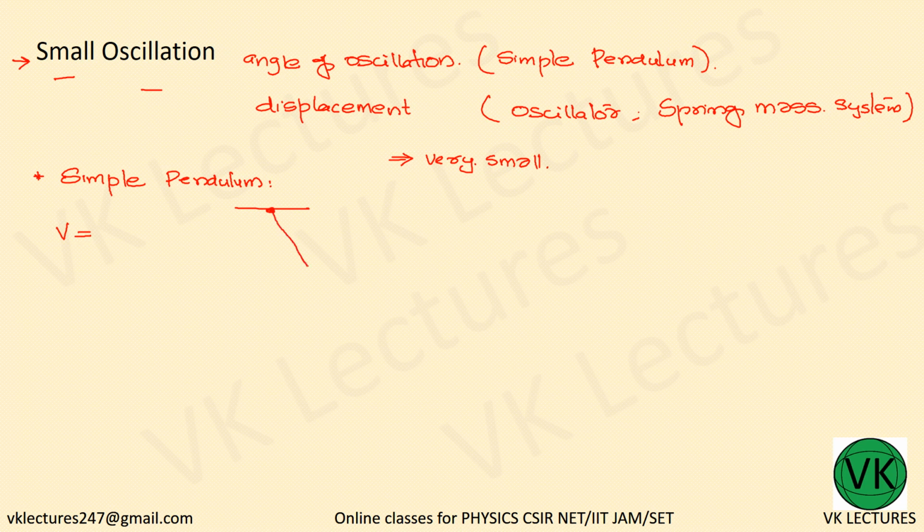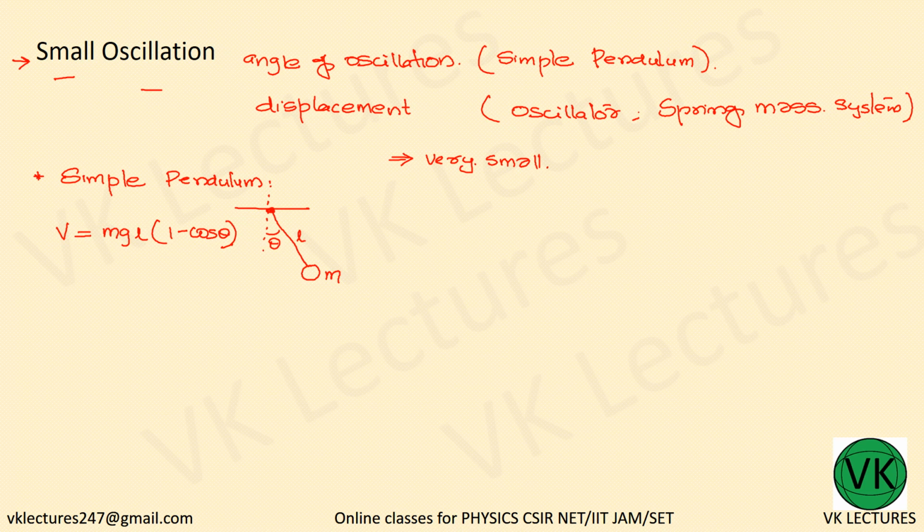This is the bob, and this is the angle theta. Now with the bob mass equal to m and the length of the simple pendulum as L, we can write V is equal to mgL into 1 minus cos theta. Now this is the potential.